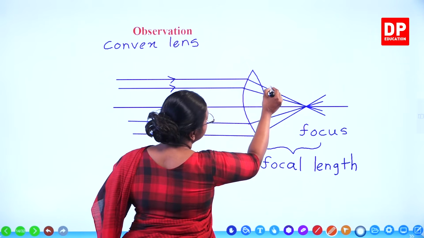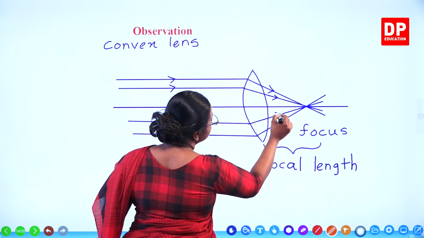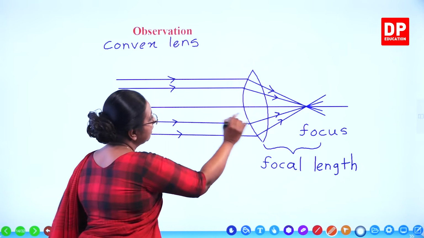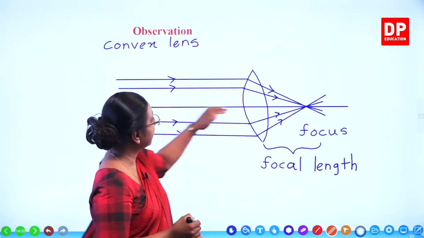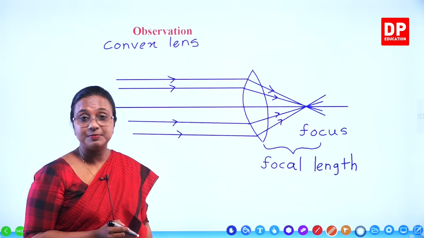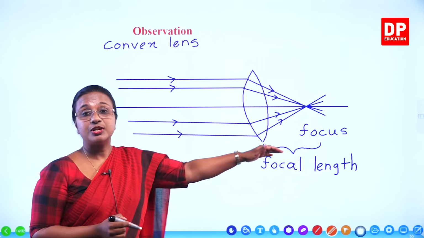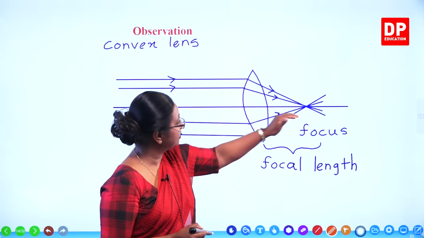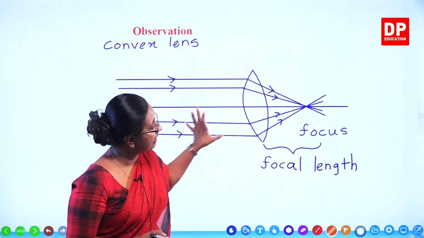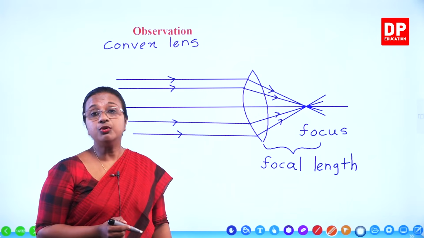So, here also we have to show the direction of the rays. Normally, when we draw a lens, we draw a line like this, that is known as the principal axis. Through that also light rays can travel, they travel straight, and all the other rays converge onto one point.